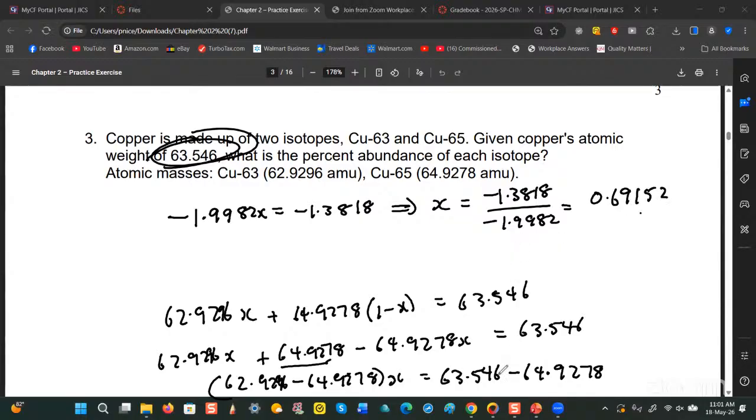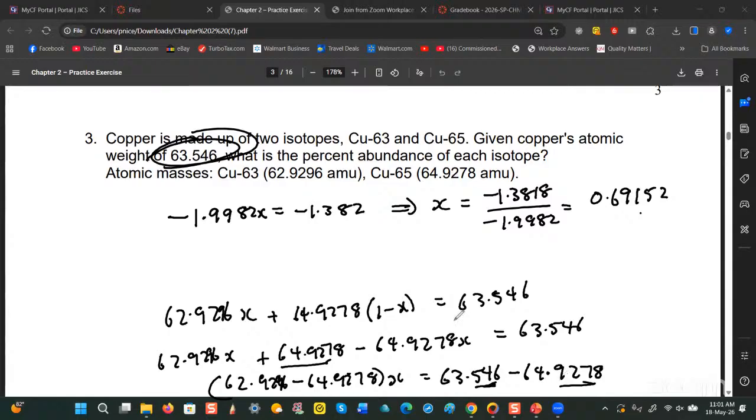Oh, I just realized I made an error here. This should be rounded off to 1.382, because this has 3 decimal places and this has 4.